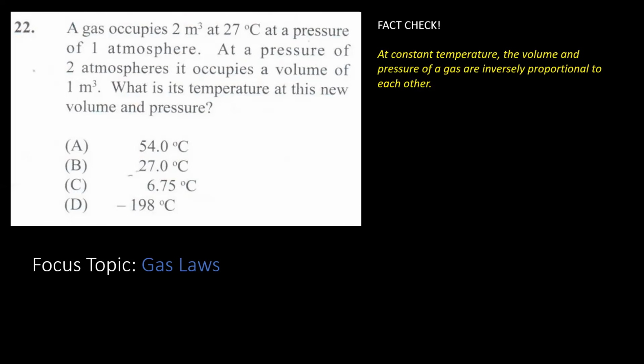So when the temperature is constant, the volume and the pressure of the gas are inversely proportional to each other. You could also go about working out the question using the general gas law, or you could use Boyle's law to work it out, but that would be basically wasting time in a sense, because you would have already seen that the pressure is doubled and the volume is halved. So it means that the temperature should be constant. So that's B.